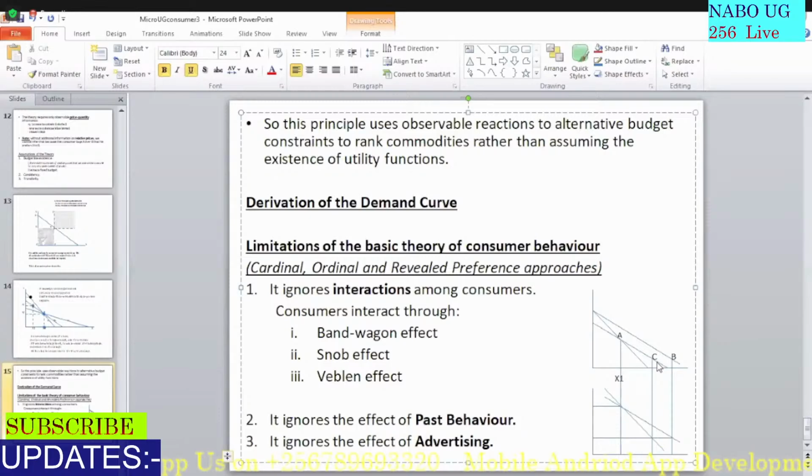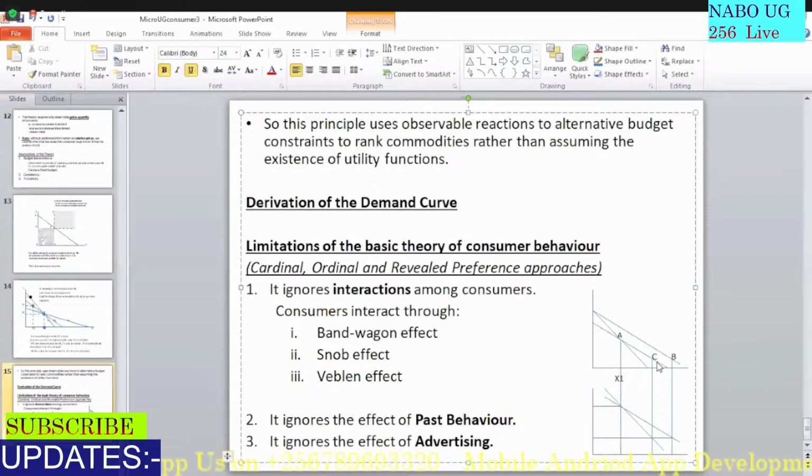So these two budget lines are parallel to each other. When they are parallel, it means that they have the same slope, and this one is passing through point B. What we want to show there is that prices have not changed. So we want to illustrate how much he was willing to pay for that particular amount to spend.